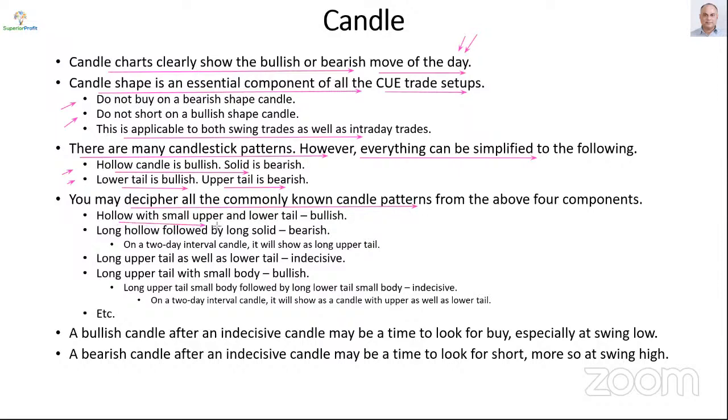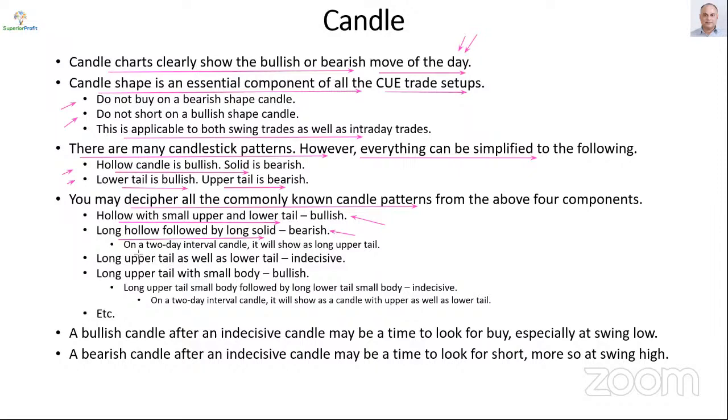So hollow candle with small upper and lower tail. Hollow is bullish, upper tail small, so they don't have any connotation. So hollow candle, small upper tail, small lower tail is bullish. Long hollow followed by long solid, so a bullish candle immediately followed by a bearish candle, that is bearish.